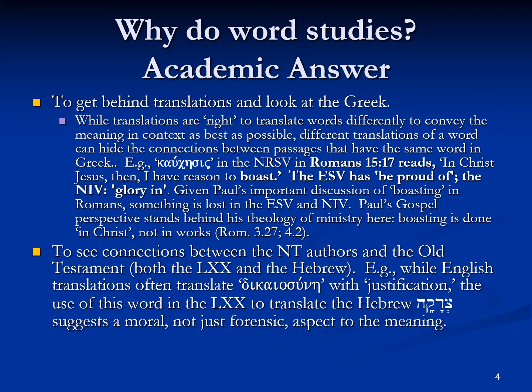So, for example, while in English translations, the word dikaiosune is often translated with our English word justification, the use of this word in the Greek translation of the Old Testament, the Septuagint, is important. They're not coming up simply with the word that's commonly used, and it is common in Greek.